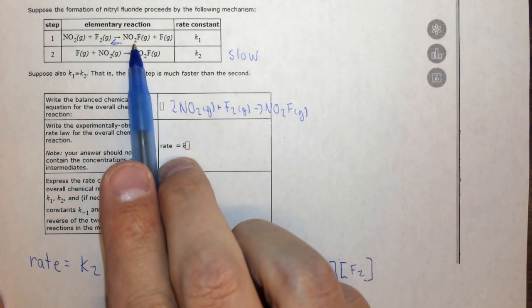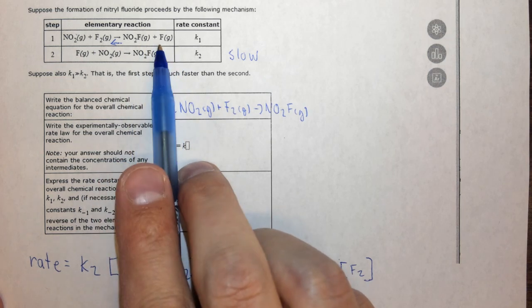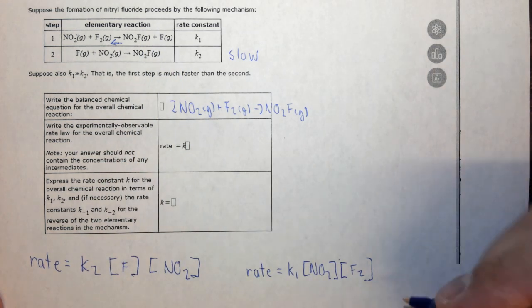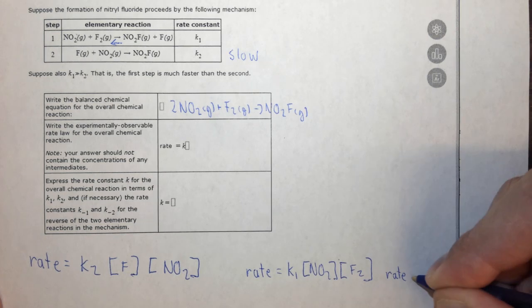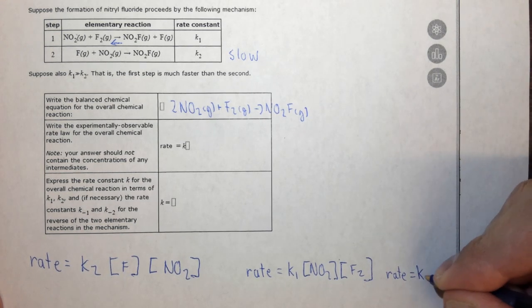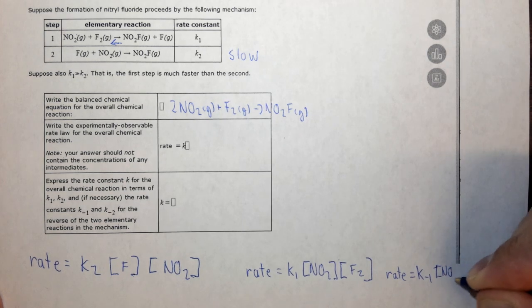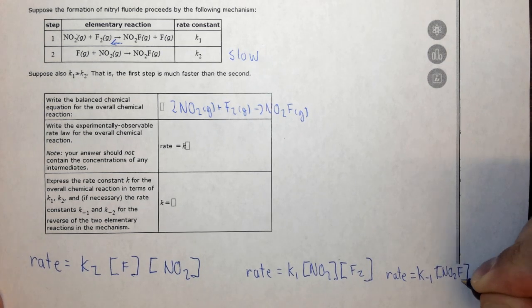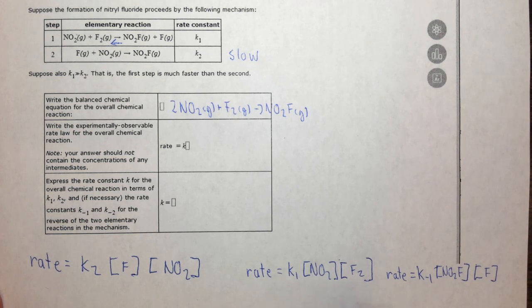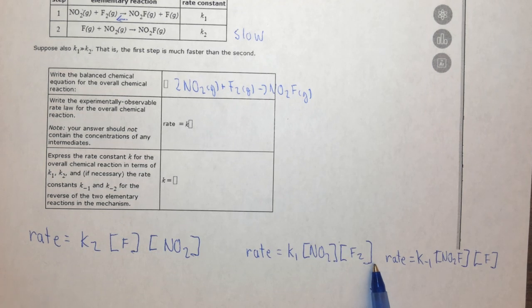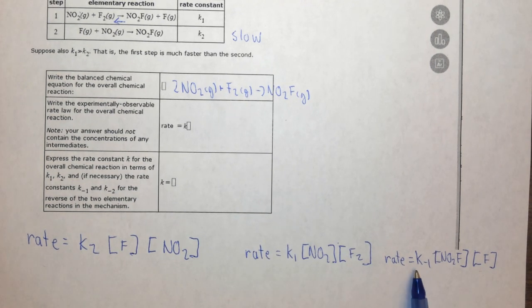In the second step, we can look at these two products and think about the reverse reaction. Rate equals k minus 1, concentration of NO2F, concentration of F. So now we have the forward and the first reverse reactions. Let's assume for a second that this reaction is at equilibrium, so this rate and this rate are equal.